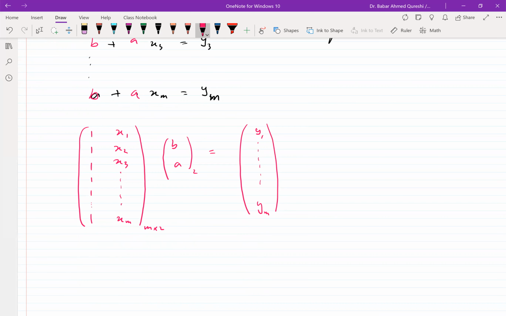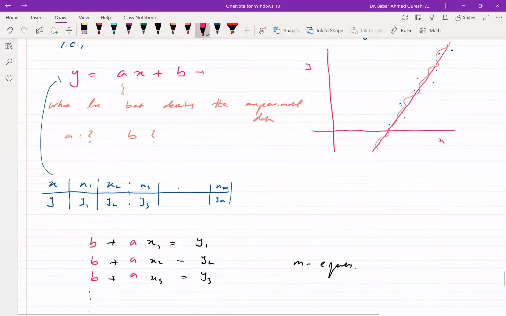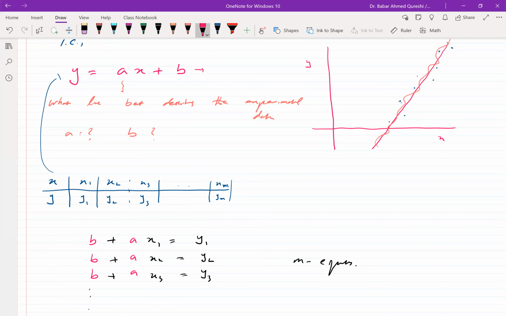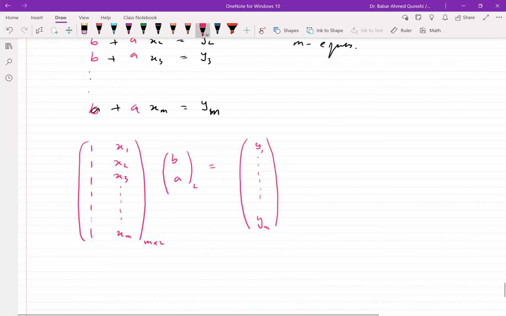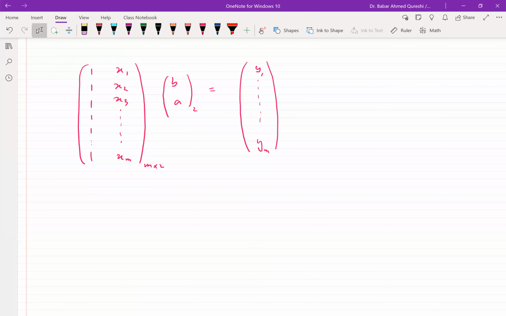Now in general, there would not be a solution. Obviously, the solution will exist only if all of them lie exactly on this line, not otherwise. And that's a very unlikely situation. So in general, you expect that they will not lie on that line exactly. So a solution will not exist. But you want some kind of a best solution.